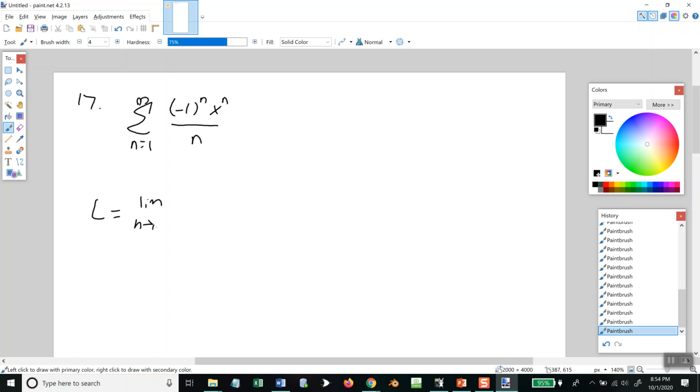The limit as n goes to infinity of the absolute value, I'll plug in n plus 1. So I got negative 1 to the n plus 1, x to the n plus 1 over n plus 1, all over just this: negative 1 to the n, x to the n, over n.